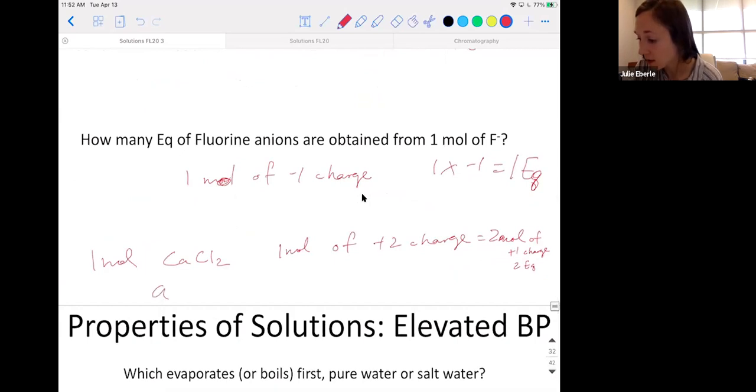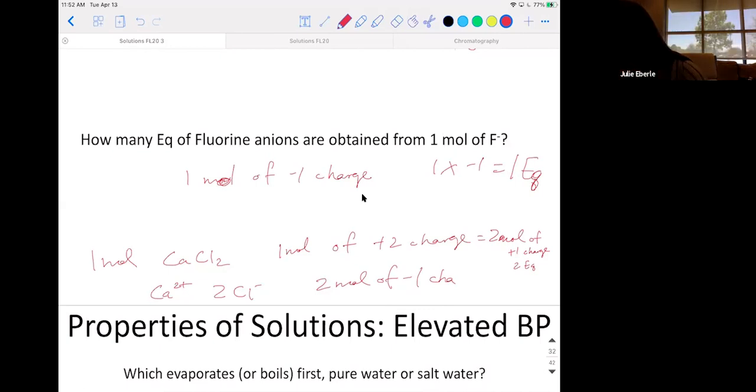Because this is going to break up into Ca2+ and 2 Cl-. And then you're also going to have 2 moles of -1 charge from the chloride. So you get 2 equivalents from the calcium, 2 equivalents from the chloride. So total, you would have 4 equivalents, not just 3, because the calcium cation has a +2 charge. Does that make sense? That should be EQ.